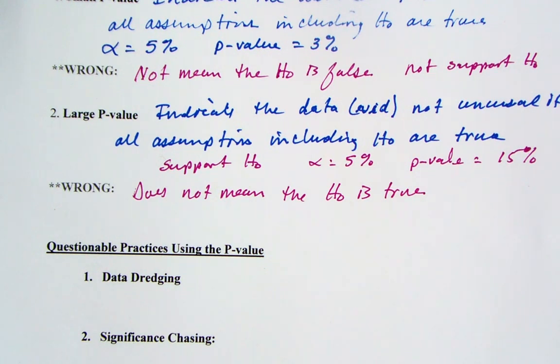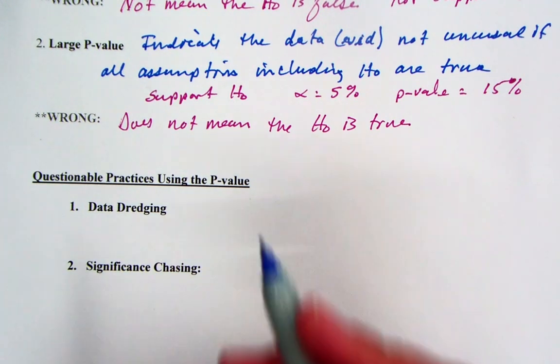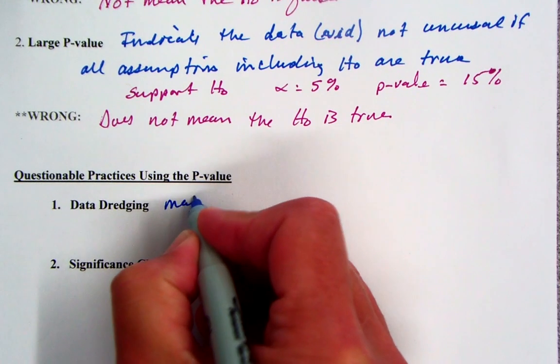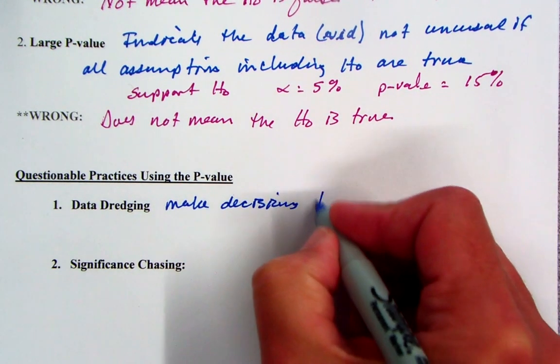So we have some questionable things that can happen when using a p-value to make decisions. That's why the p-value is not going to be used all the time. We use this thing called a confidence interval. We also have this thing called data dredging. What we do is make decisions that affect the p-value.